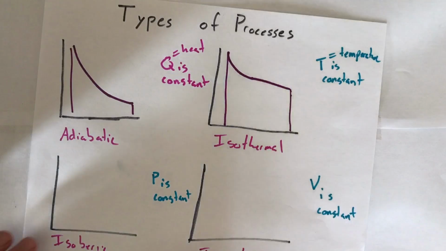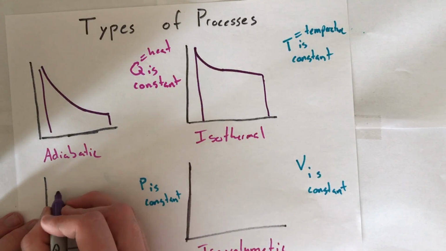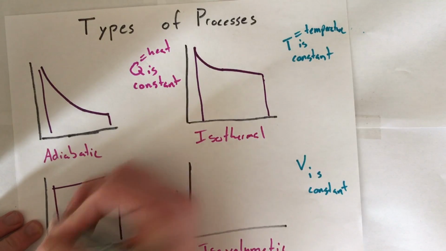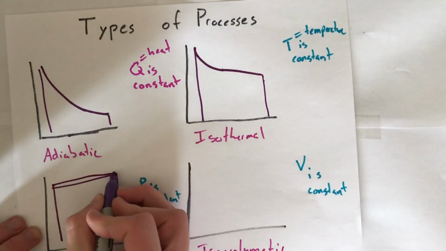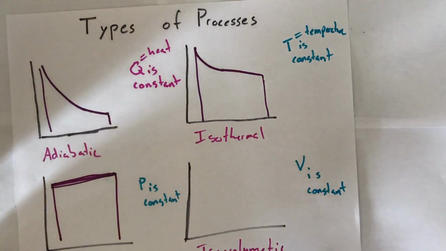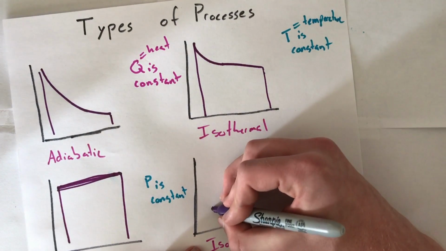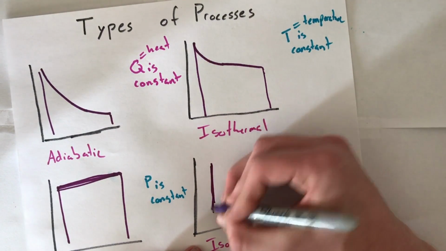Isobaric, we know pressure is constant, so it will be a straight line. I know that isn't super straight, but for all intents and purposes that is straight. And then isovolumetric, you have a straight line.